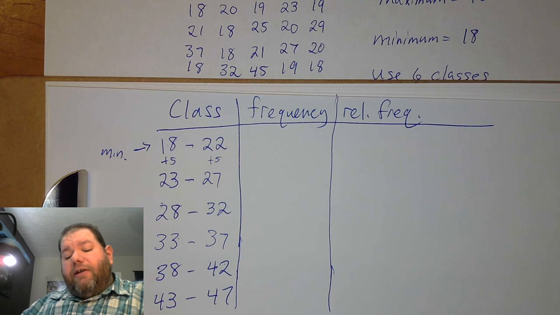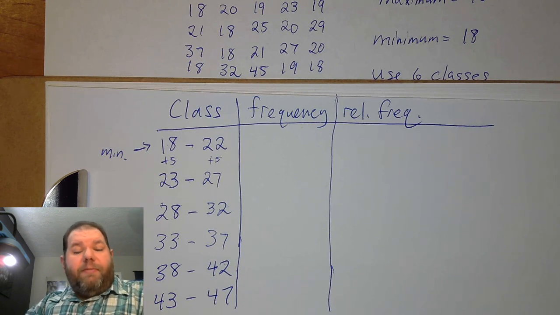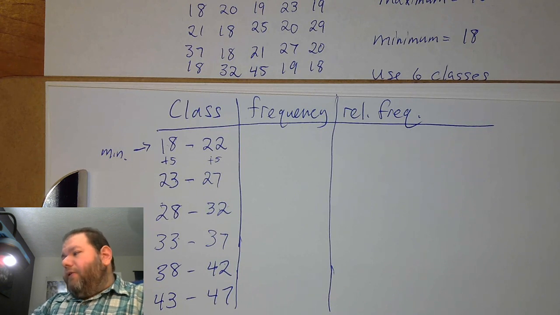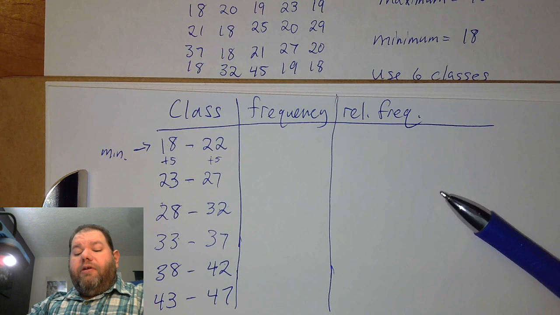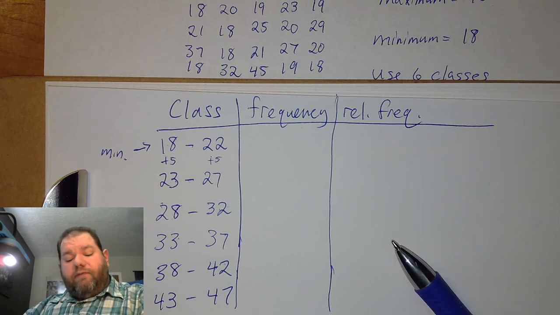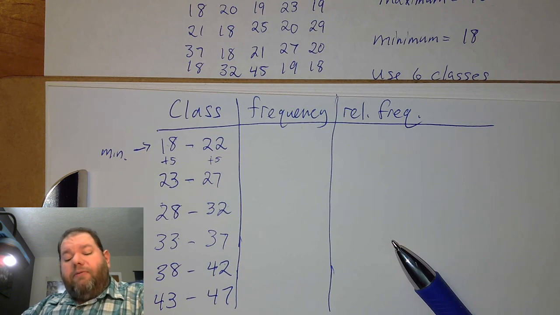And because of that, there's going to be a little bit of space in our last class where it goes a little bit beyond where our maximum value is. So even though 45 is our maximum value, technically our final class goes from 43 to 47. It's just one of those things. We know it's not going to go anywhere past 45, but this is the best we can do with the data.